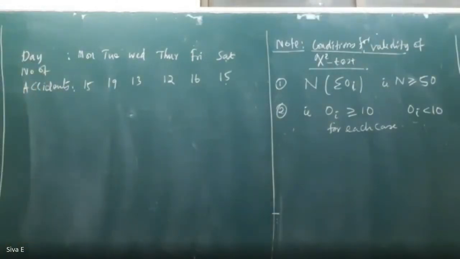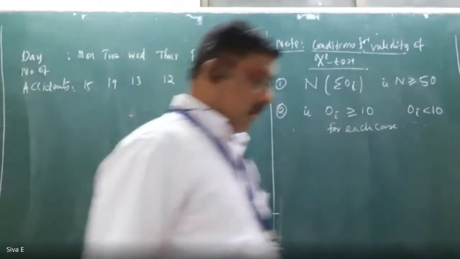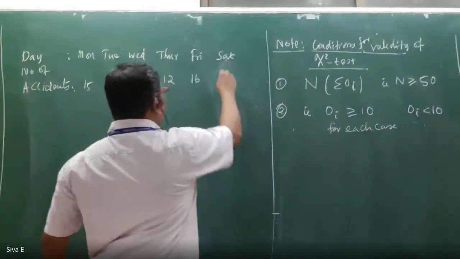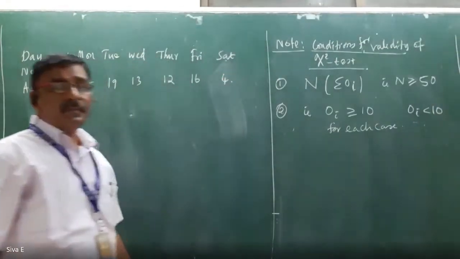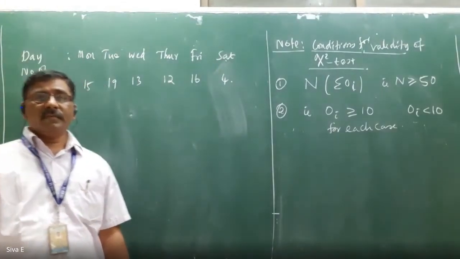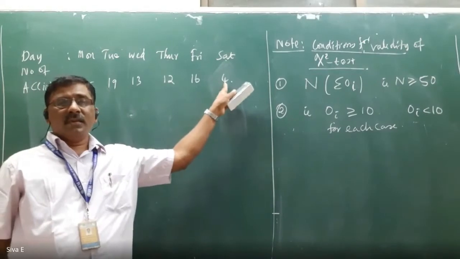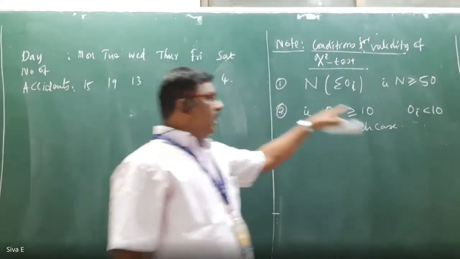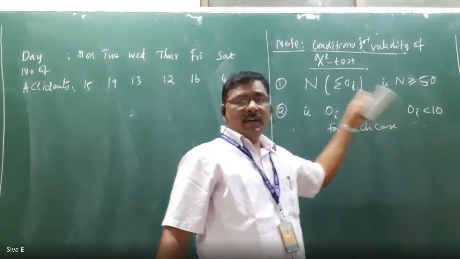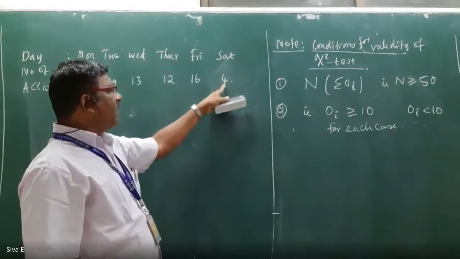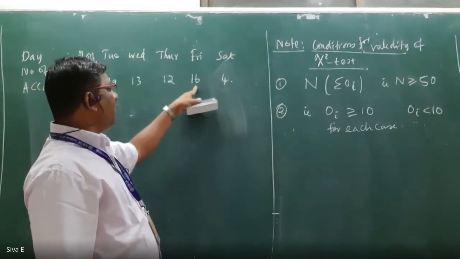For example, if it is 4, it is not greater than or equal to 10, so we have to combine it with the neighboring frequency.